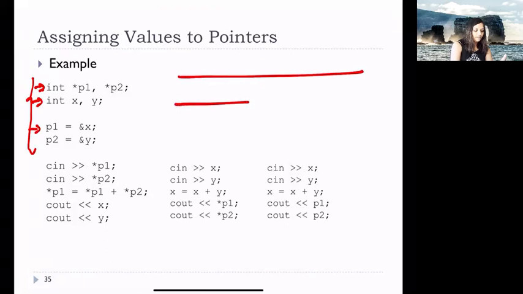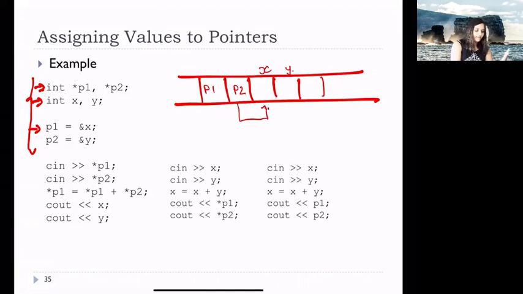So imagine this as a memory, and you are initializing 2 pointers, p1 and p2, and you are initializing 2 variables, x and y, and you are saying that this p1 is pointing to whatever is stored at the address of x.